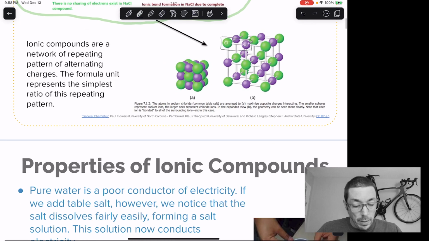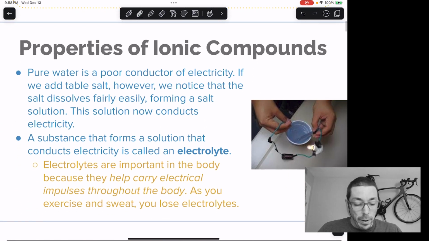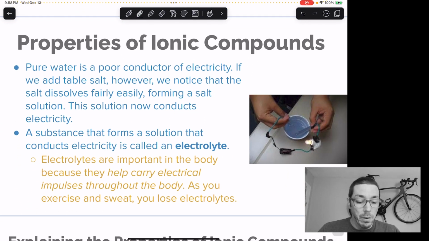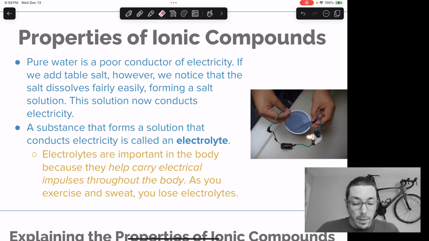So if you had pure water, it's a pretty poor conductor of electricity. But if you were to shake in some table salt, stir it up, and dissolve the salt, that water with the salt in it would conduct electricity much better. So any substance that can form a solution that conducts electricity is called an electrolyte. So a lot of ionic compounds are electrolytes because you can see this picture here.